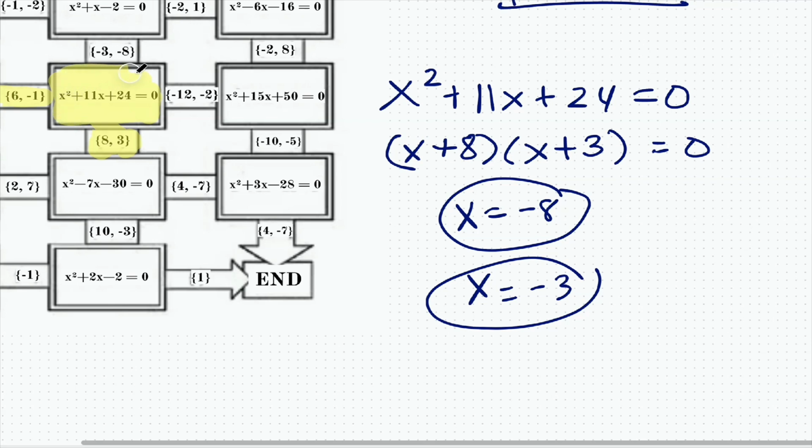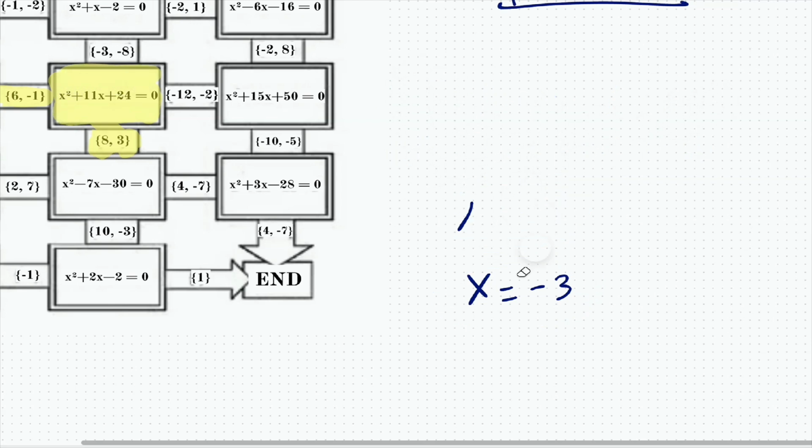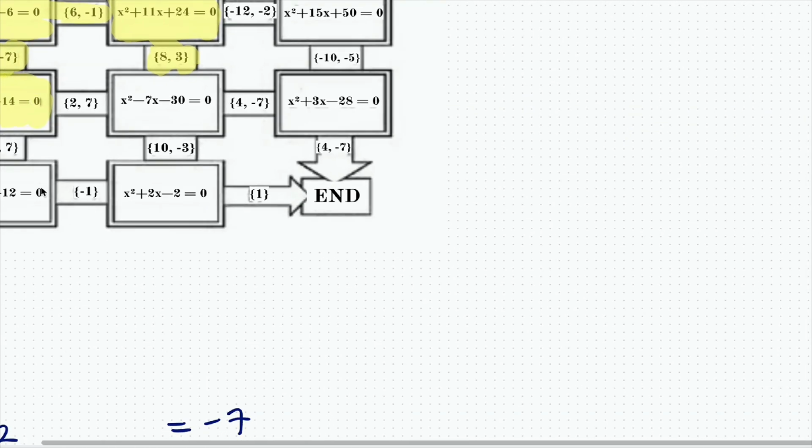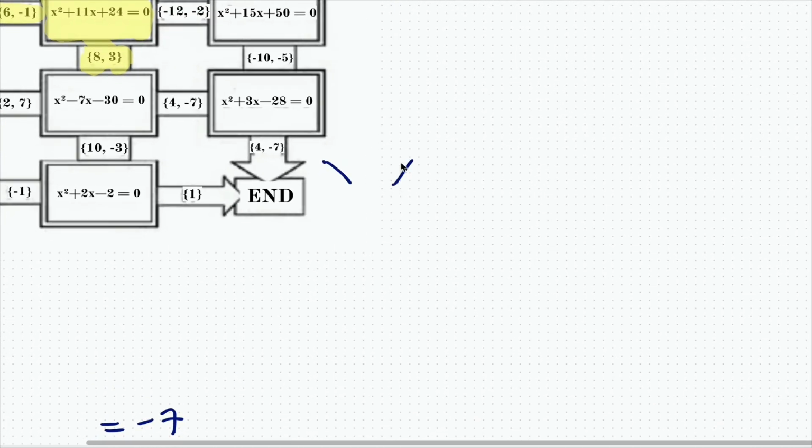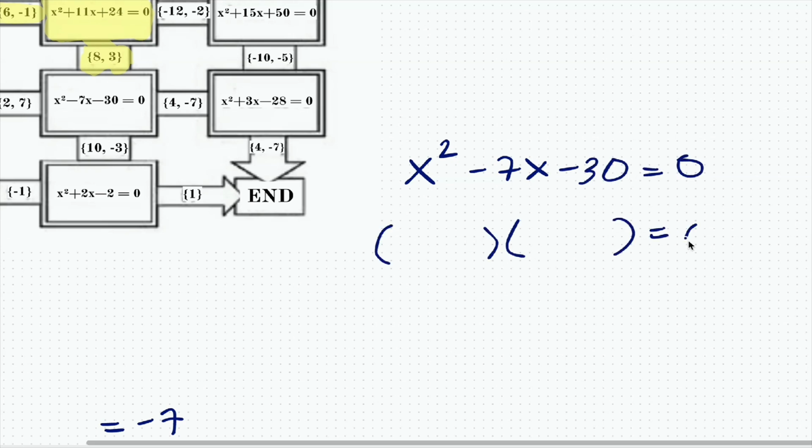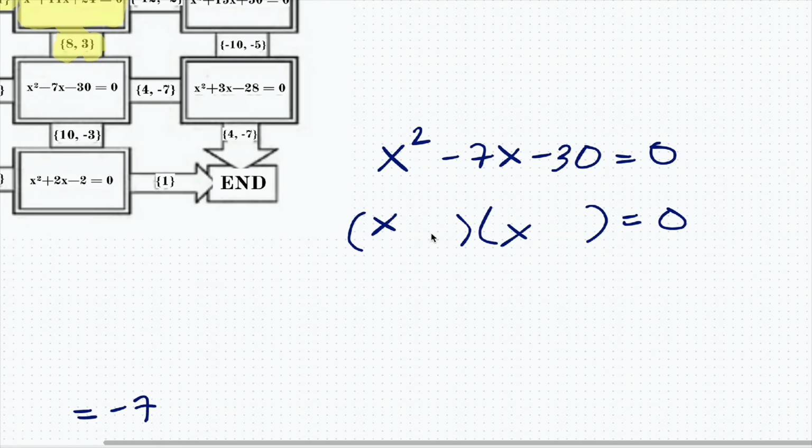I think we're almost there. The next question is x squared minus 7x minus 30 equals 0. Okay, again, the two factors would be, let us use 10 and 3.